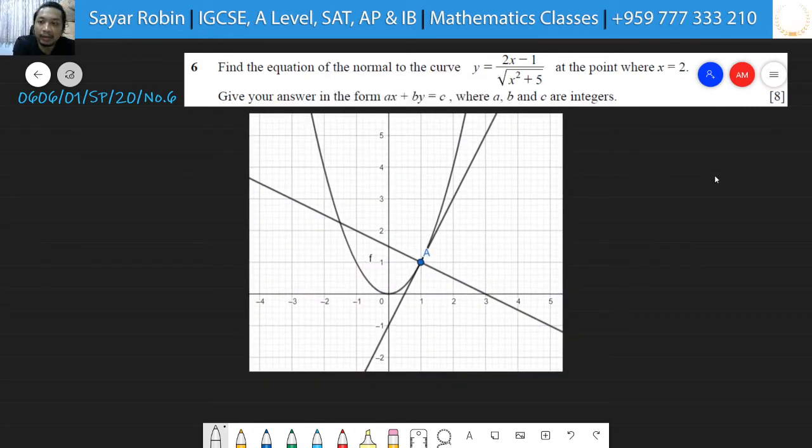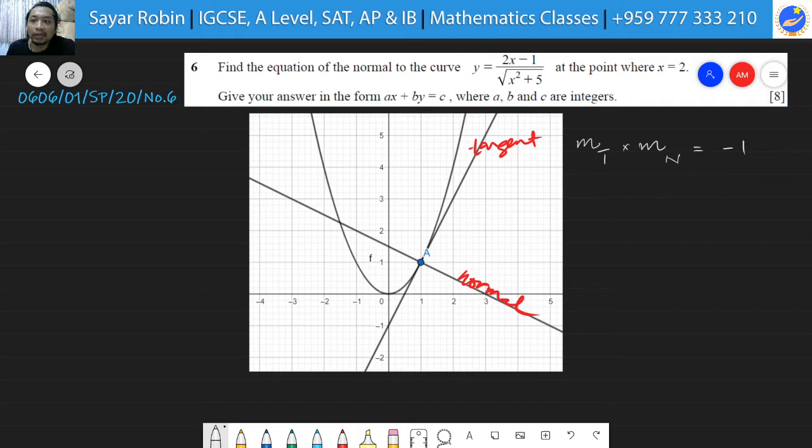Let's think about this idea first. This is the tangent line. This one is the normal line. The normal line and tangent line are always perpendicular to each other. So obviously the gradient of the tangent multiplied by the gradient of the normal is going to give you -1.